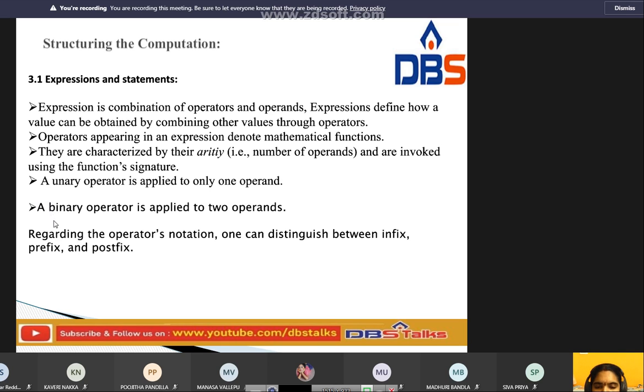A binary operator is applied to two operands. Next is the n-ary operator, which is applied to n operands.